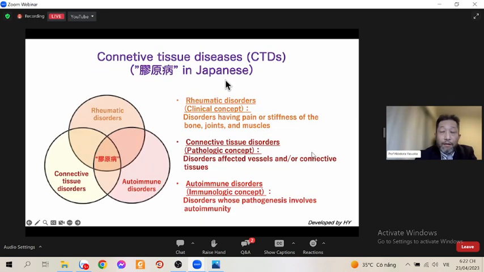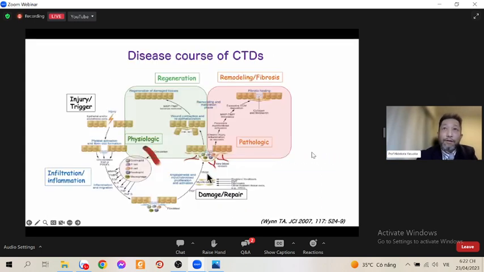I will also talk about connective tissue disease, Kogenbyo in Japanese. Connective tissue disease has three characteristics: rheumatic disorders as a clinical concept, connective tissue disorders as a pathologic concept, and autoimmune disorders as an immunologic concept. This is the general disease course of connective tissue disease, which starts from injury and trigger, and usually infiltration of immune cells is seen.